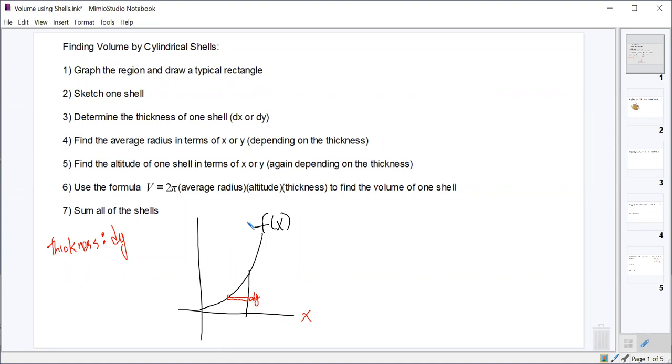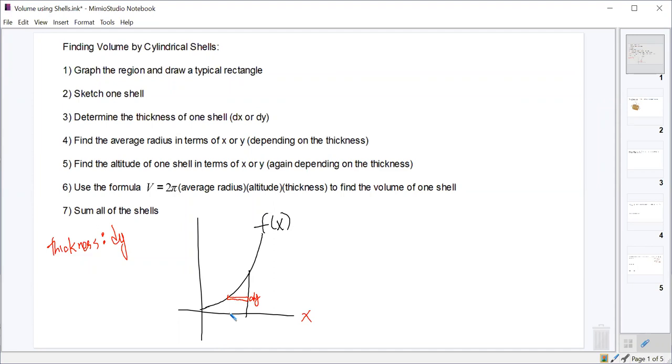Just due to the nature of some functions, it might be impossible to do this integral in terms of x. And so we could flip it around, use shells, and do it in terms of y. Does that make sense why this method is sometimes helpful and necessary? Hopefully. It's going to allow us to use the other variable.